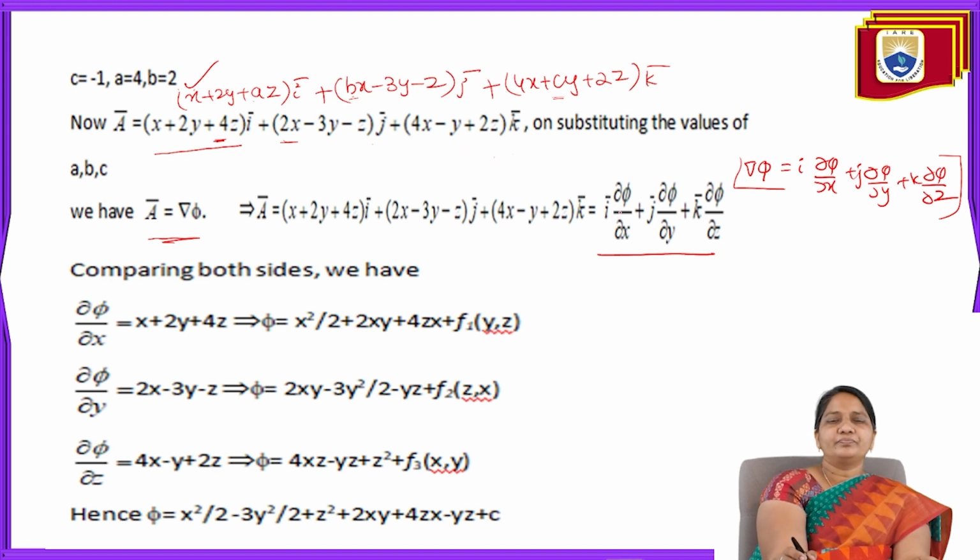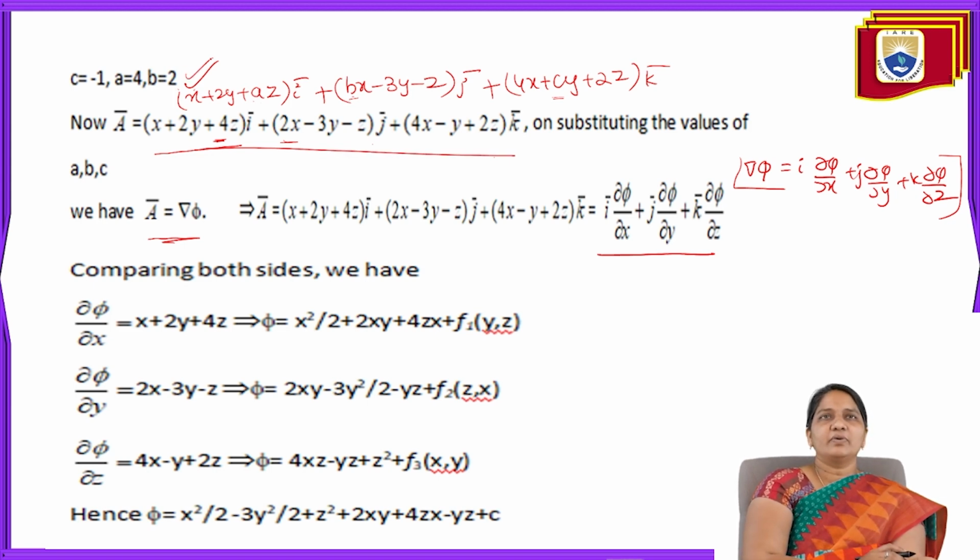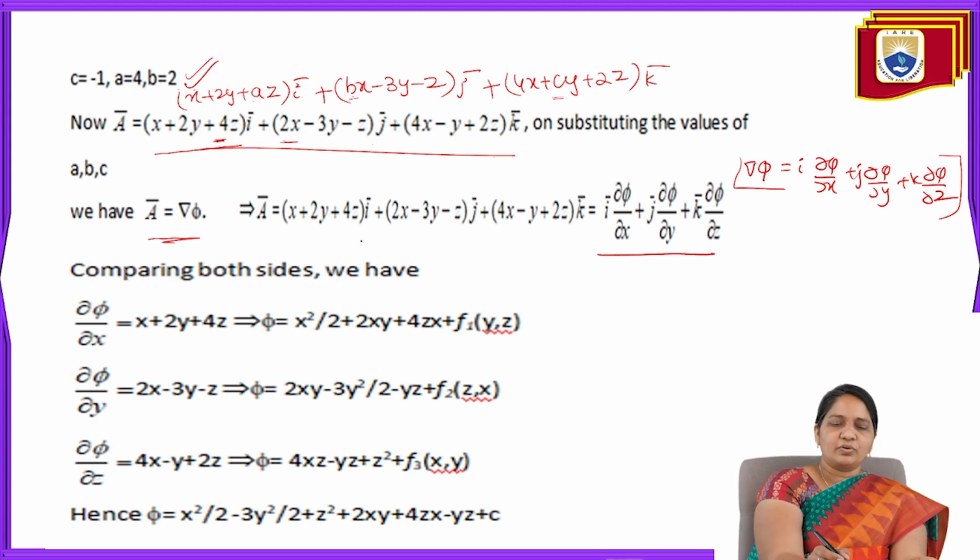Now this is the value for the vector A we got after replacing the ABC values. That is what we wrote here: x plus 2y plus 4z into i bar, 2x minus 3y minus z into j bar, 4x minus y plus 2z into k bar.